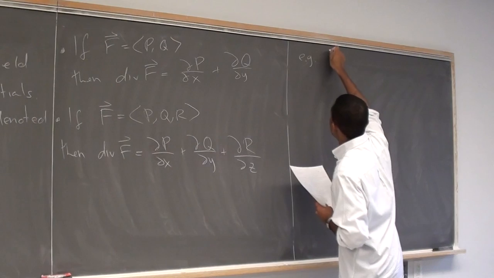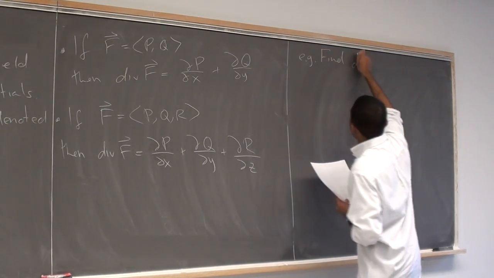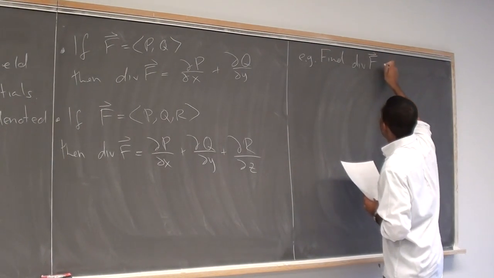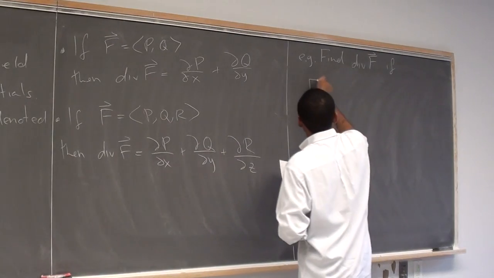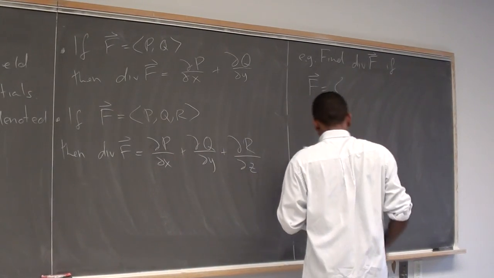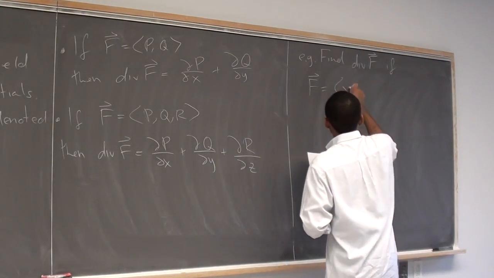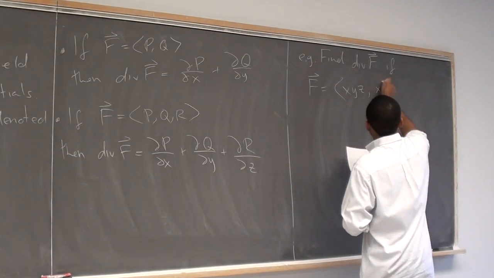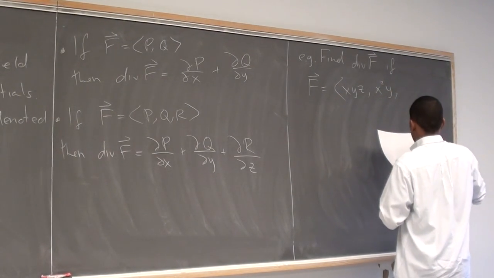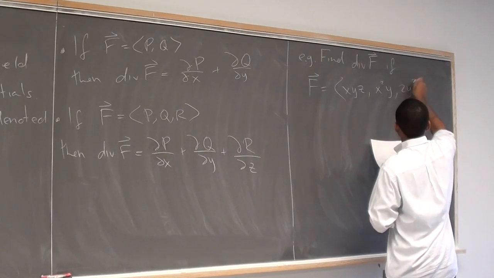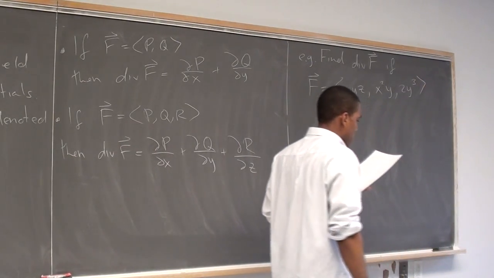Example. We're going to go back to the same function, xyz, x squared y, z cubed. Find the divergence of that.